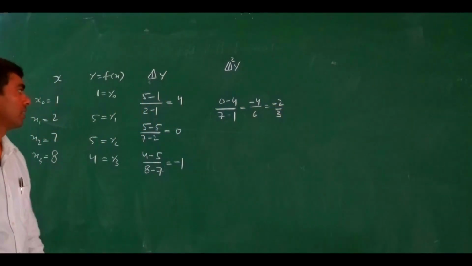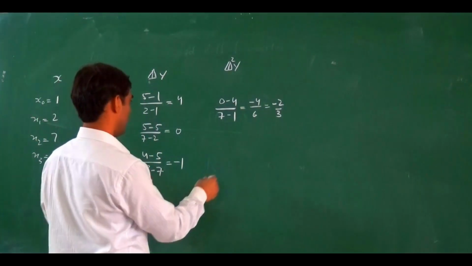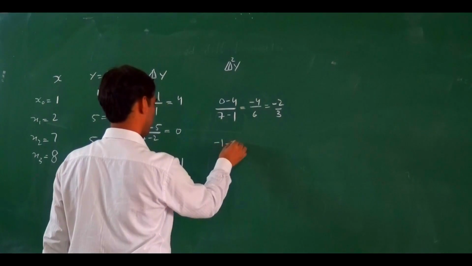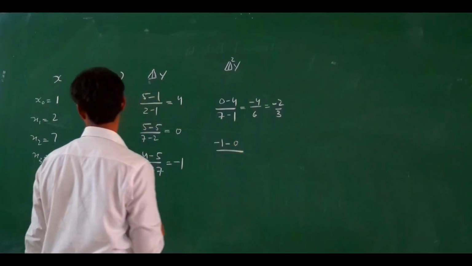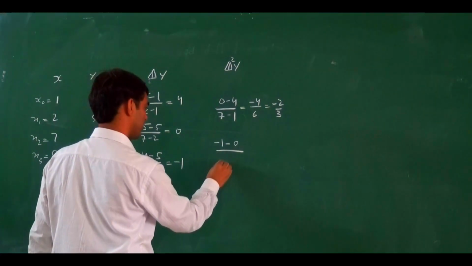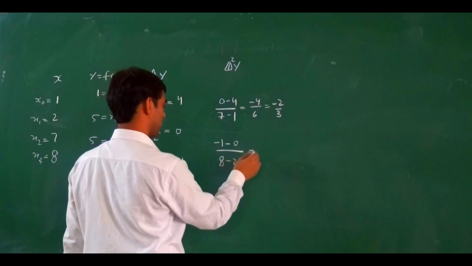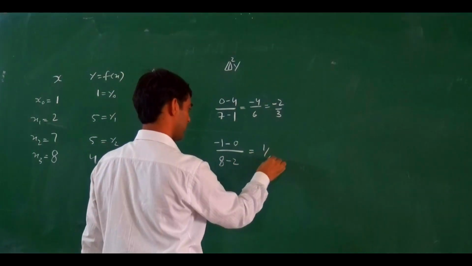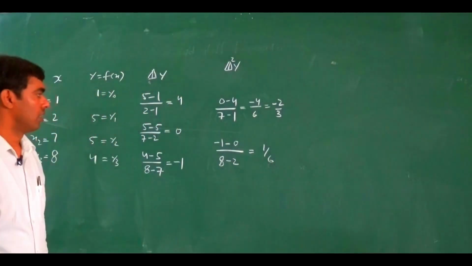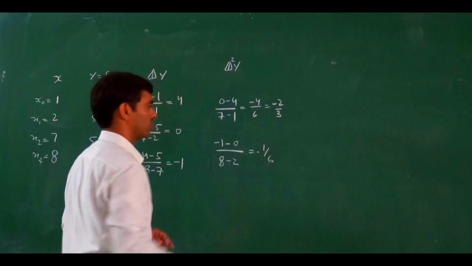What is the next one? Minus 1 minus 0 divided by 8 minus 2. 8 minus 2 is 6, so this one is minus 1 by 6.